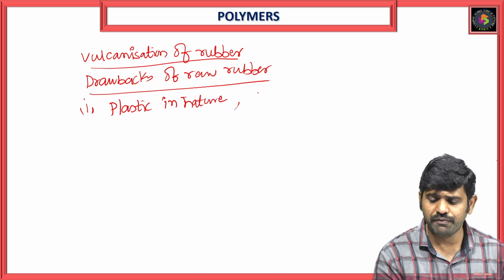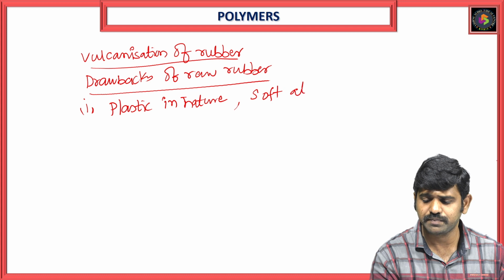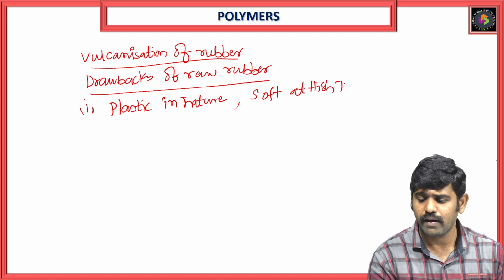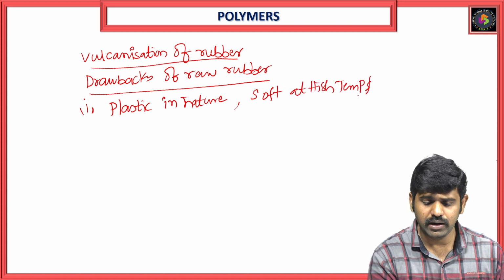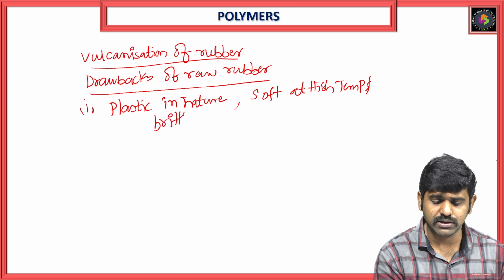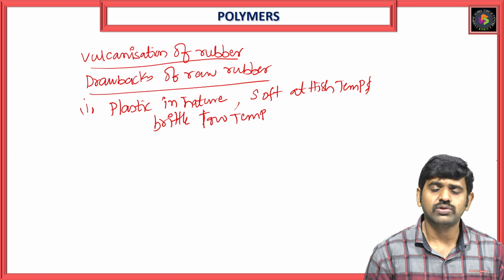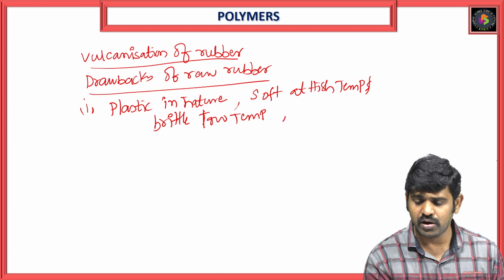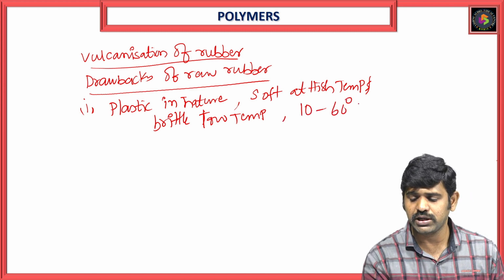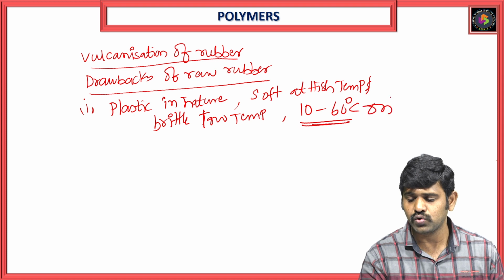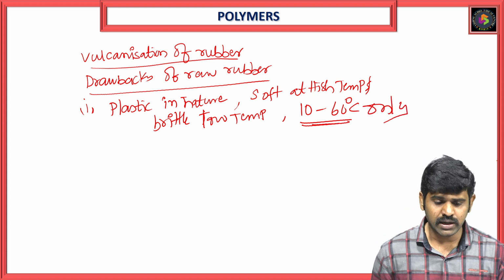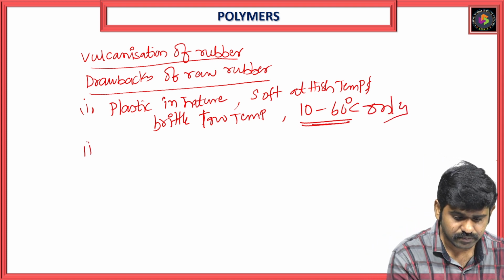And it is soft at high temperatures and brittle at low temperatures. So it can be used in the temperature range of 10 to 60 degrees only. Done. Next, second one.